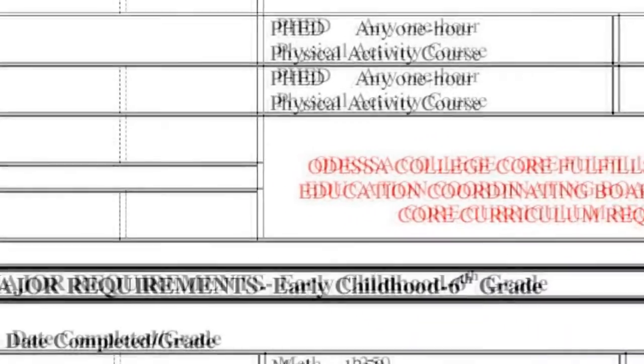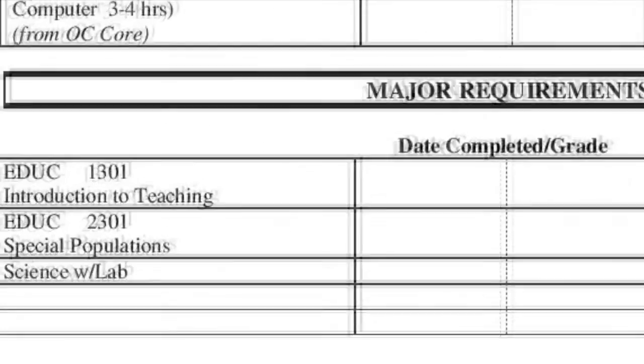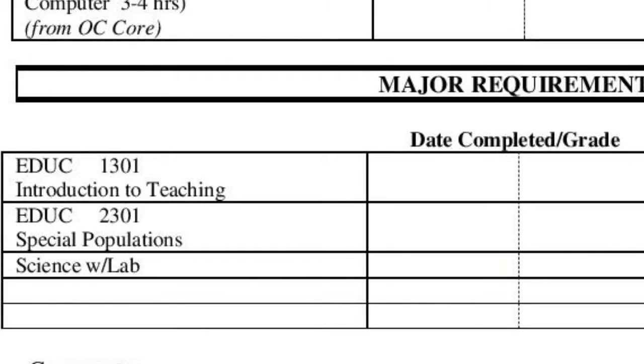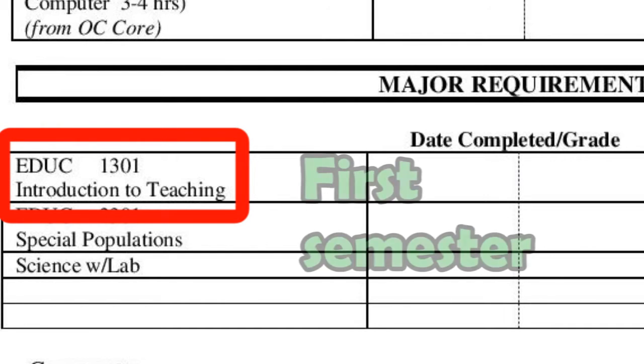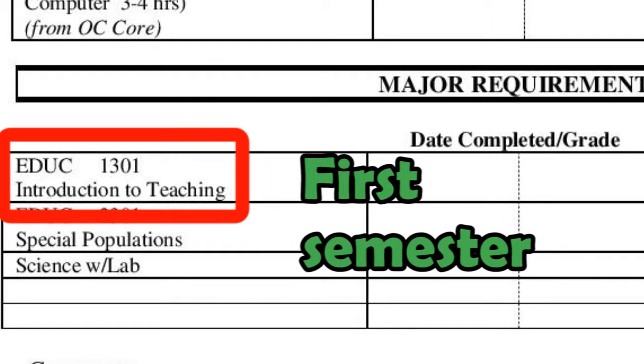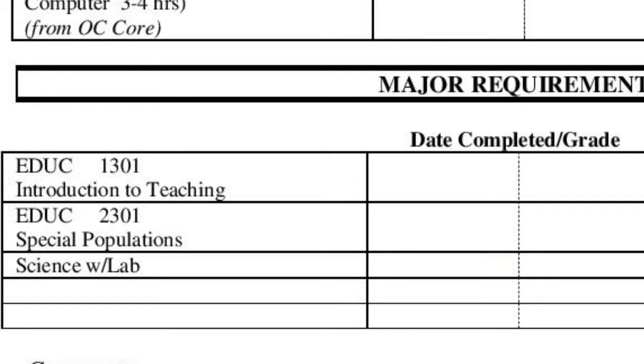Now let us look at the AAT major requirements. You will notice there are 2 education classes. When you are planning your schedule, make sure to sign up for the Education 1301 Introduction to Teaching class the first semester you're at Odessa College. This will help to ensure your success in the field of teaching.